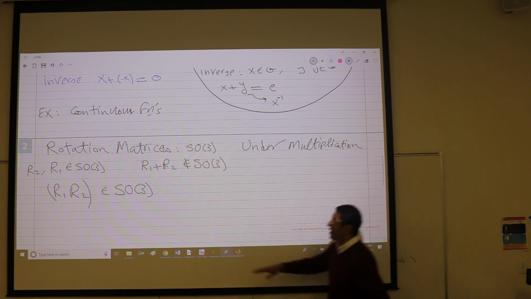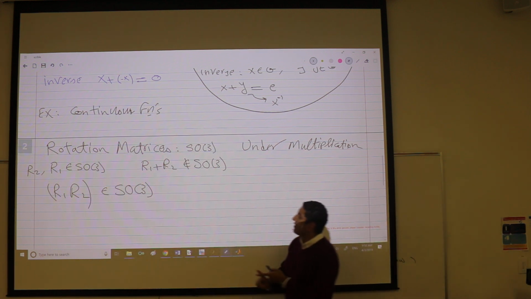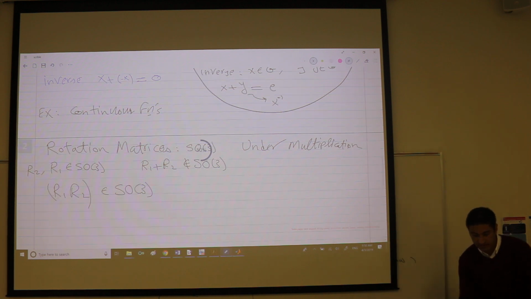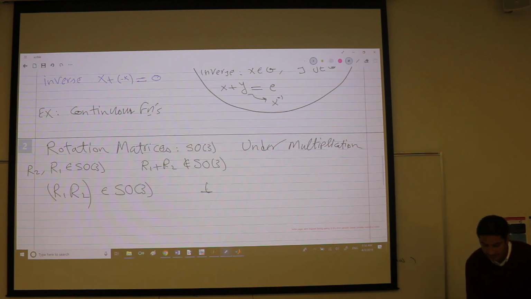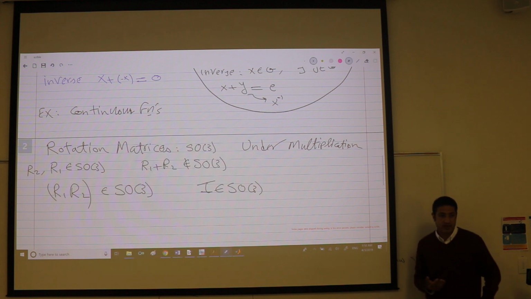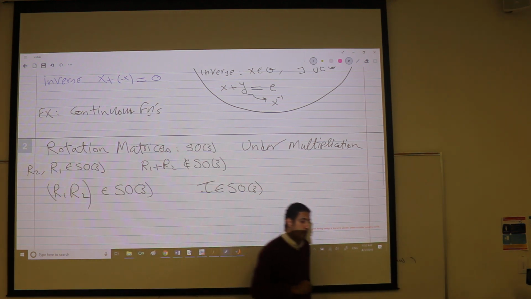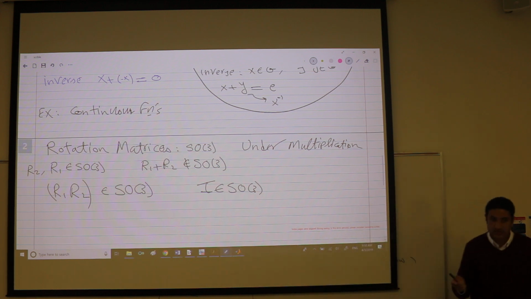Okay, so we can multiply. Do we have an identity element? Yes, indeed, we have an identity element, called the identity matrix, and it is in the group. It's the rotation matrix with angle 0, and if you multiply by any rotation matrix, you get the same matrix again. Do we have an inverse with respect to this operation, which is multiplication? Yes, we have an inverse.